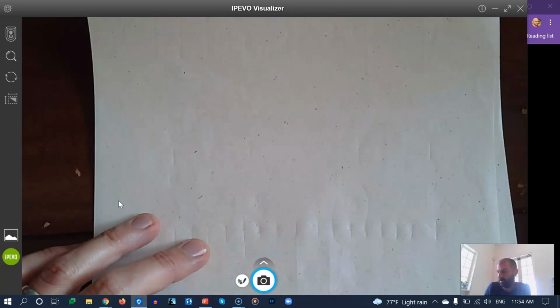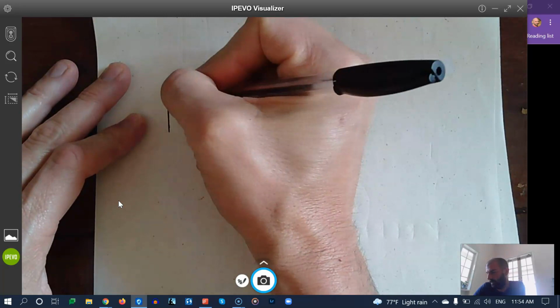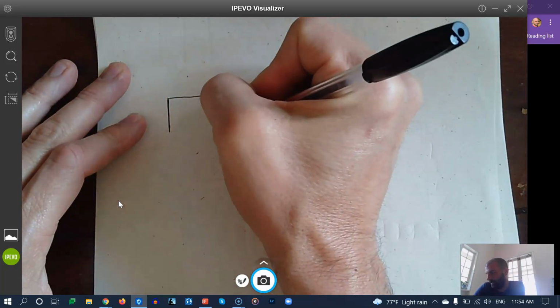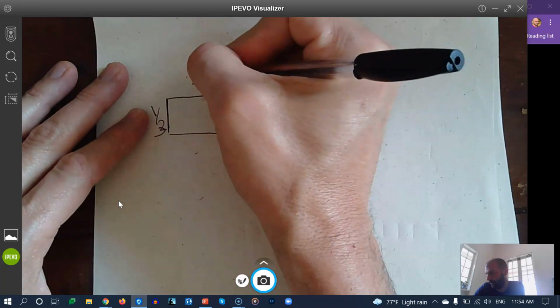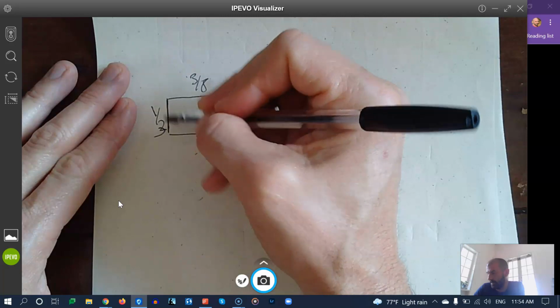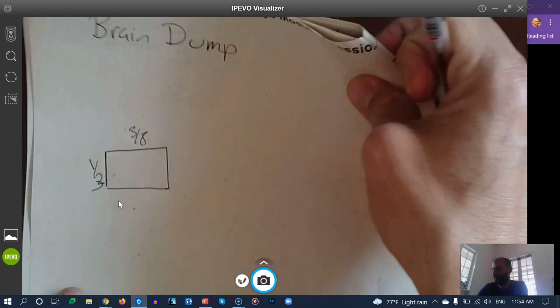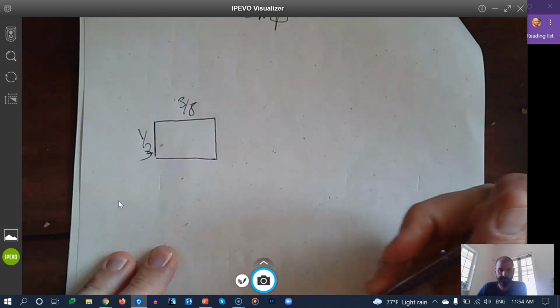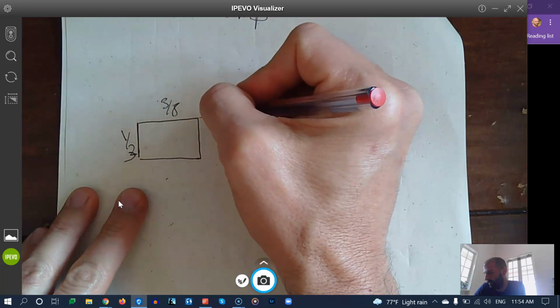1/3 by 3/8. So we have a piece of fabric that is 1/3 by 3/8, and we want to figure out what this is. Well, I think what I'm going to do is I want to know what that looks like as one whole.